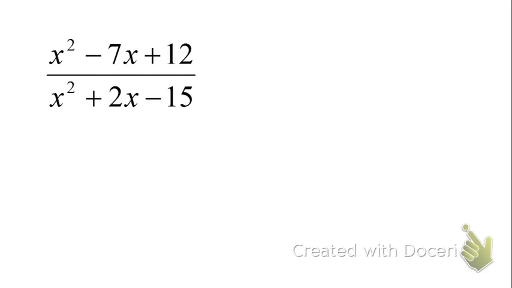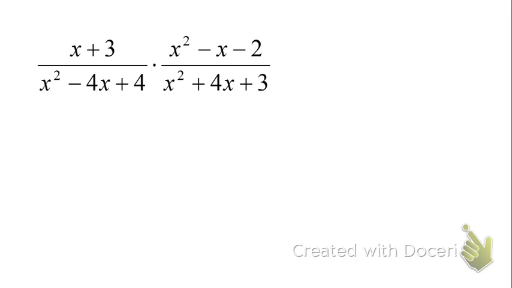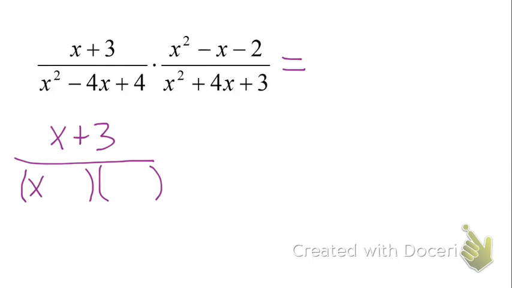Now we're going to move on to multiplying and dividing. Multiplying is the same thing, you just have more terms. So we simplify everything. The first one, x plus 3, we know we can't really simplify that. But on the bottom, multiplies to give me positive 4 and adds to give me negative 4 is negative 2 and negative 2.